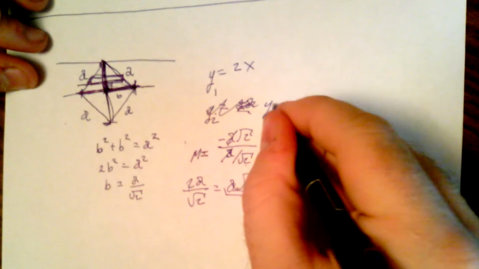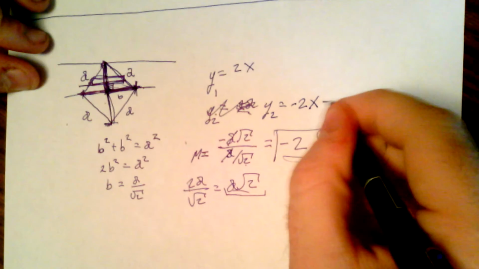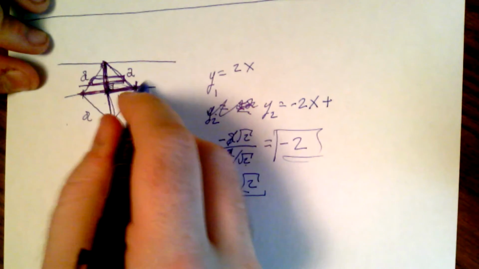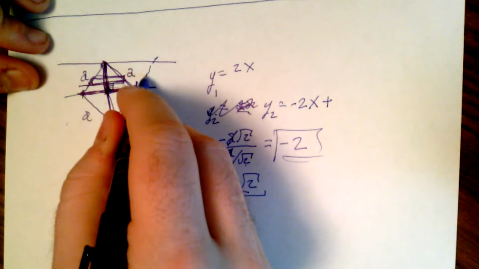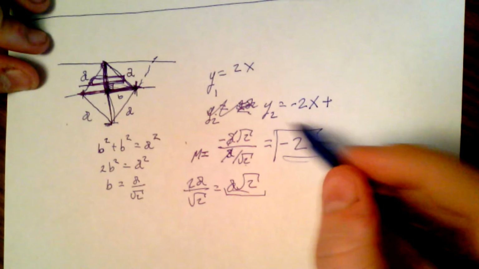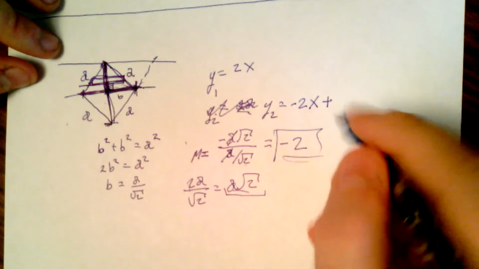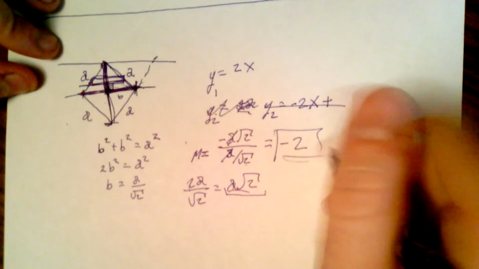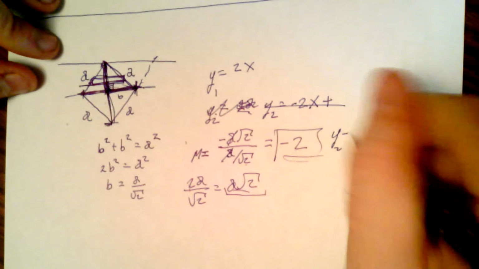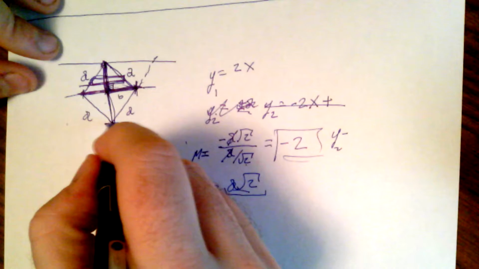So y2 is equal to negative 2x plus, well, we need to figure out what our y-intercept is. Let's use point slope form. That's easier. So y2 minus, the point that we know is that y is 0 here.